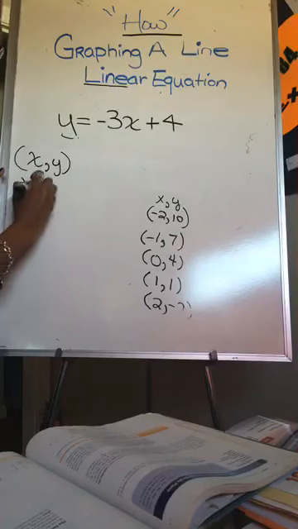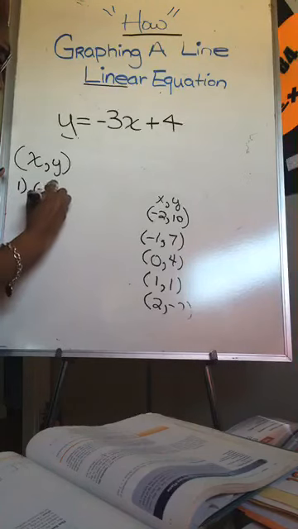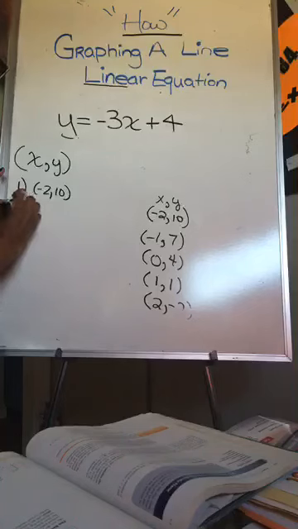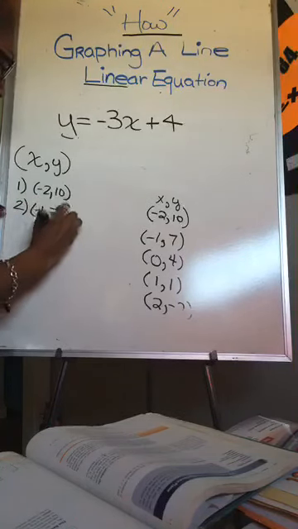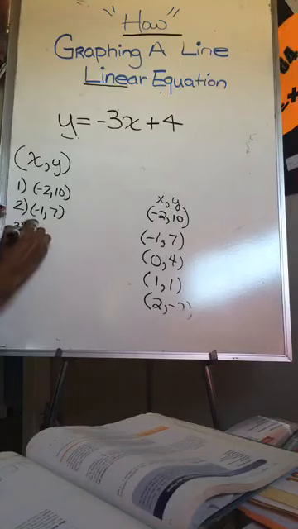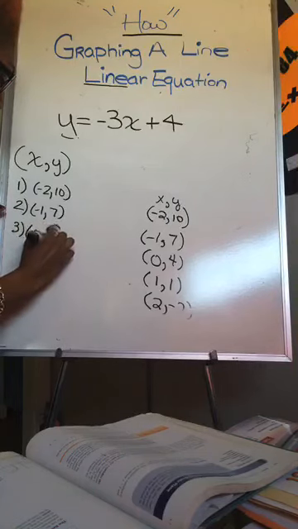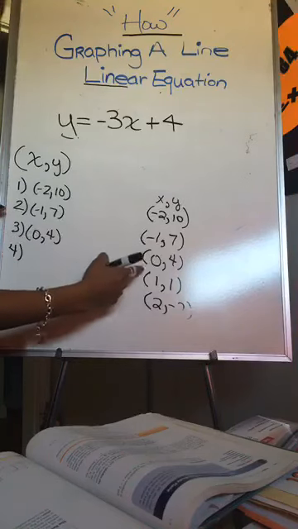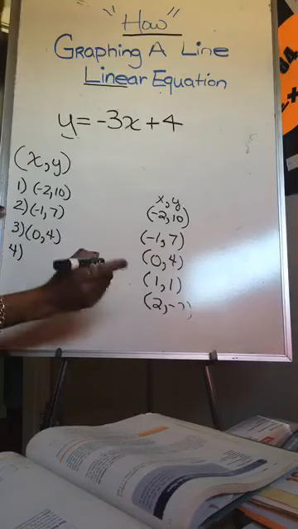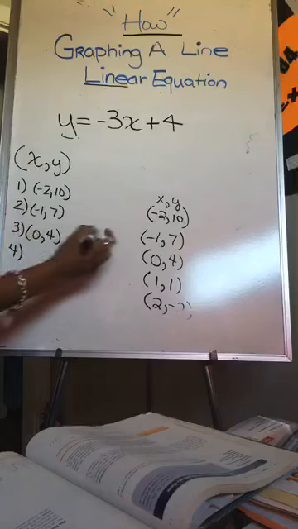Point 1 is -2, 10. Point 2 is -1, 7. Point 3 is 0, 4. And 1, 2, let's see, 1, 2, 3, 4. Oh, we have 5 points. I'm sorry, I miscounted.